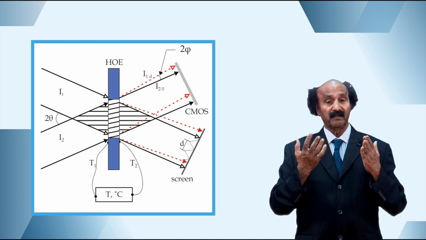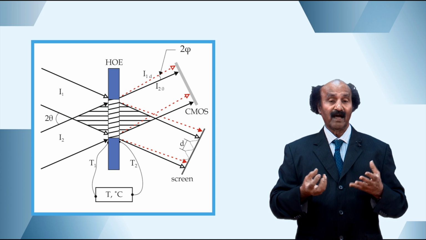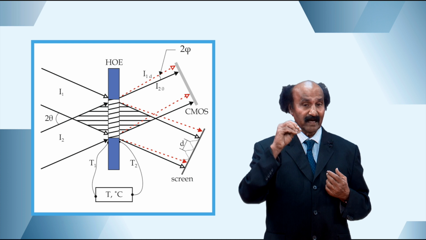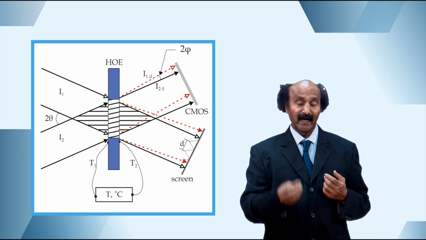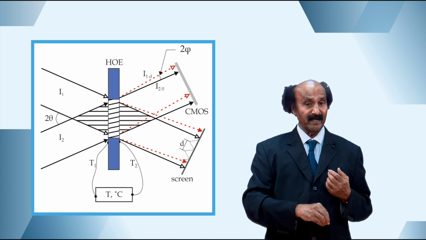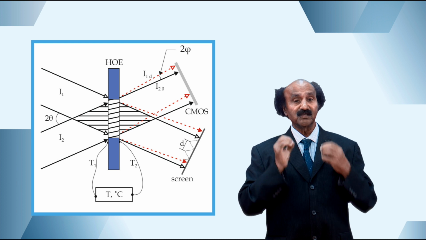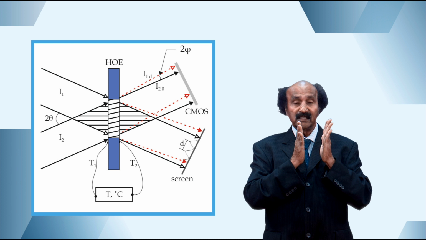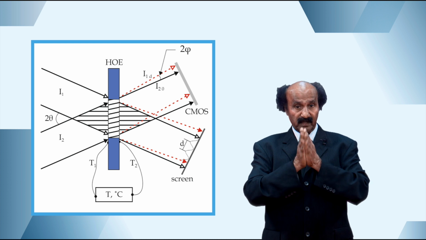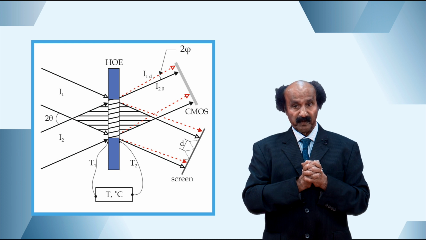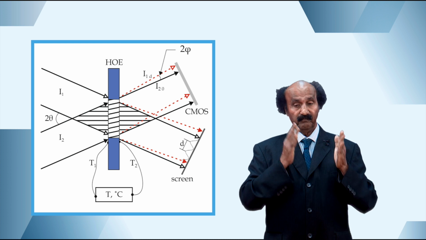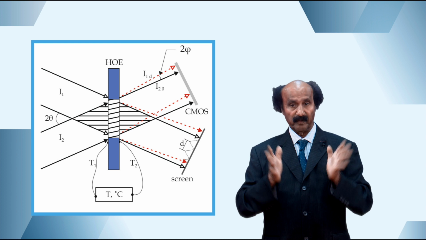This is 10 times higher than the number of lines available in conventional gratings. If we have 10 times more lines, you can resolve two spectra with very closely spaced lines. So, this holographic grating has been of very great value in laser spectroscopy or any conventional spectroscopy.